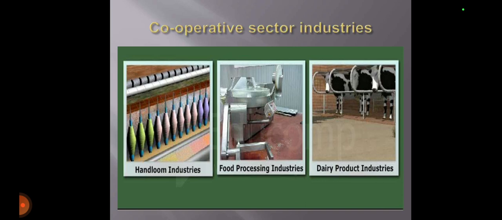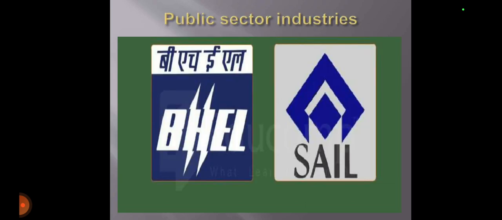Next is cooperative industry, where suppliers and producers invest, for example the handloom industry, food processing industry and dairy product industry. Now public sector industry, owned by the government, like BHEL and SAIL, are examples of public sector industry.